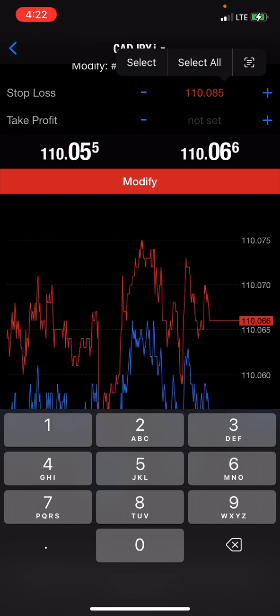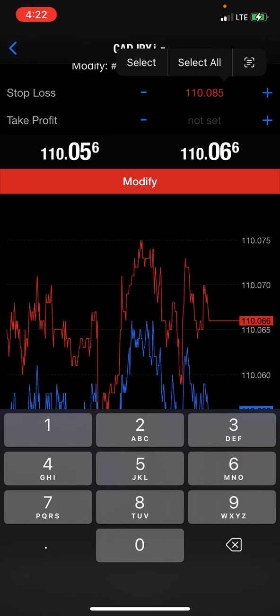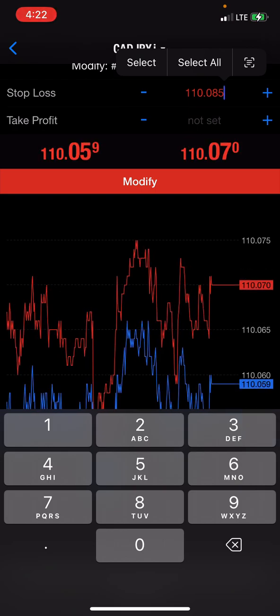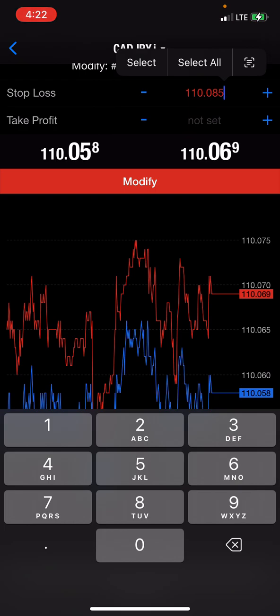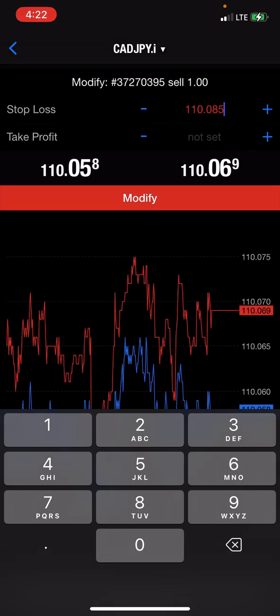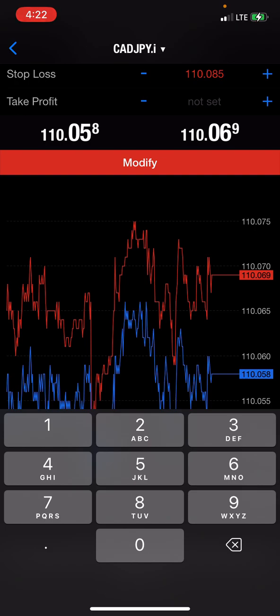Modify your trades. Because I'm kind of inside of a trade, and it looks like it's kind of consolidating. We'll see what happens.